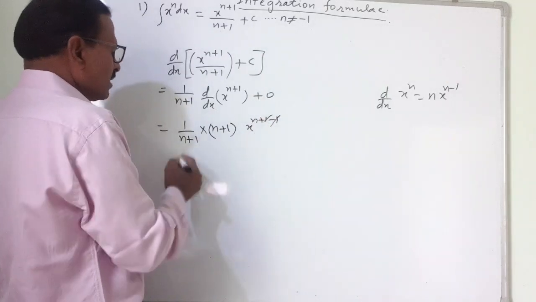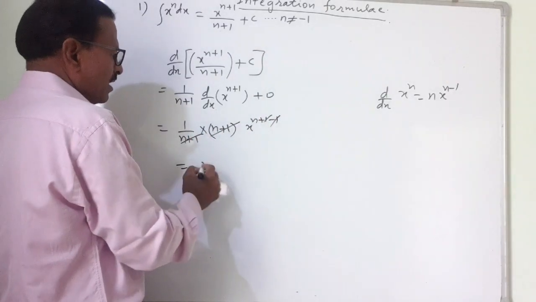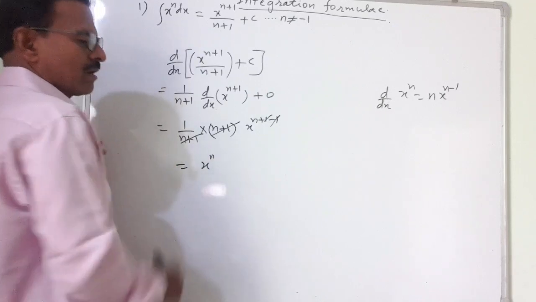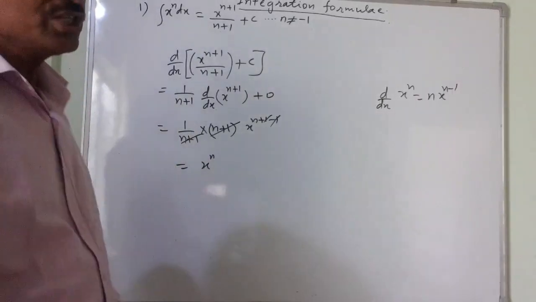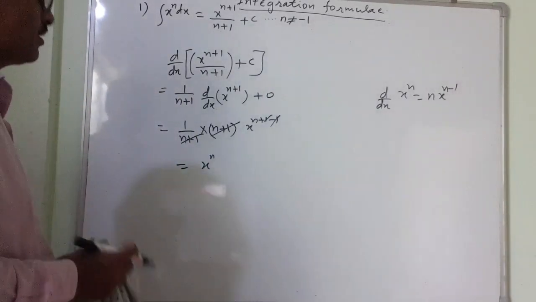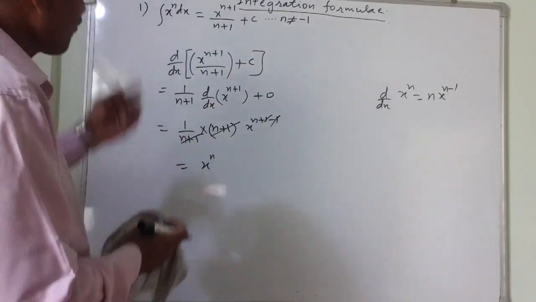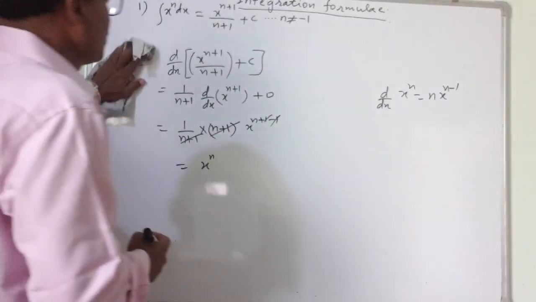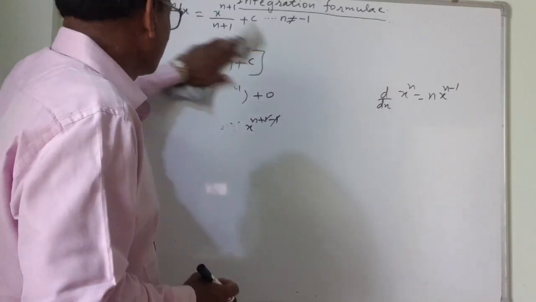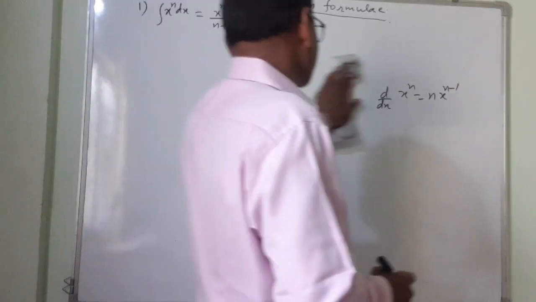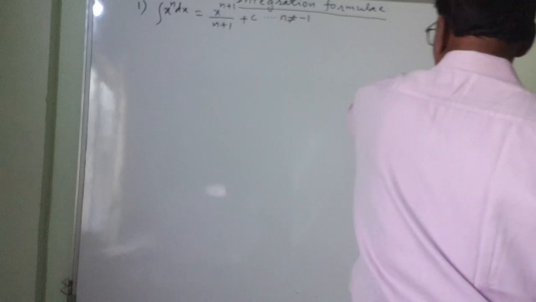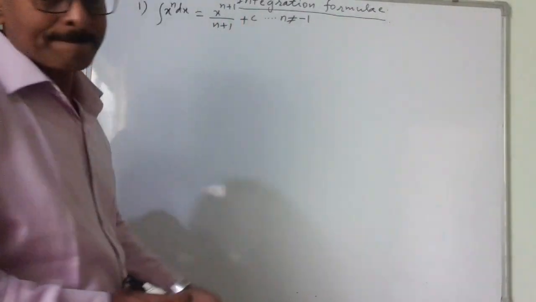So this will get cancelled, this will get cancelled, and automatically x raised to n will remain. So this way this formula has come. There is no question of forgetting the formulae, because in standard 12 when you go on doing the sums, automatically this formula will be learnt.